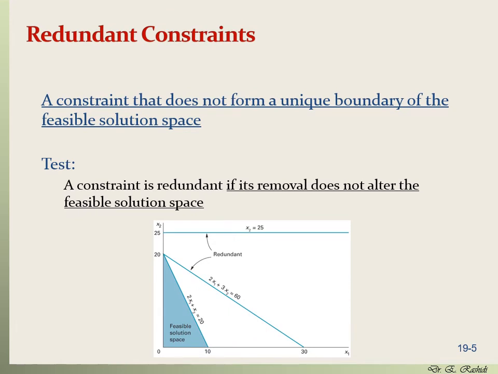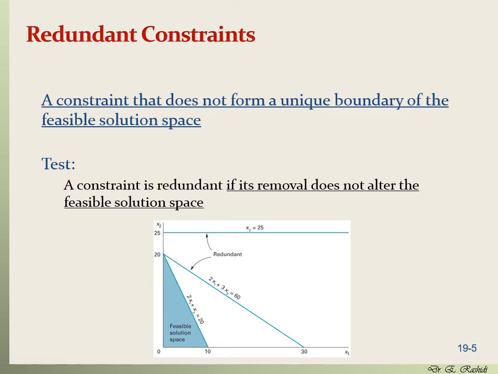Another type of constraint is the redundant constraint. A redundant constraint is a constraint that does not form the feasible space, does not restrict the feasible space. So for example, let's see this in this graph. This is the feasible solution space, which is bounded by these three constraints.